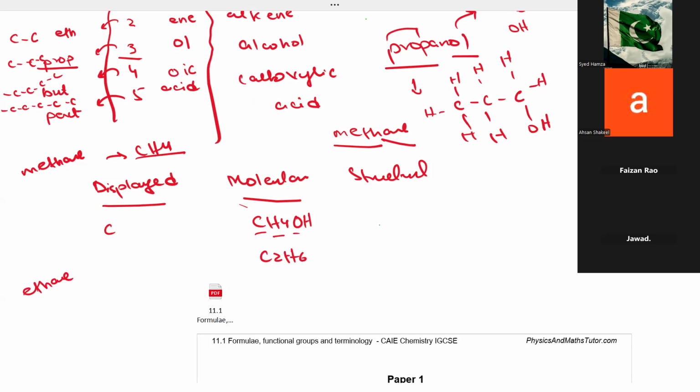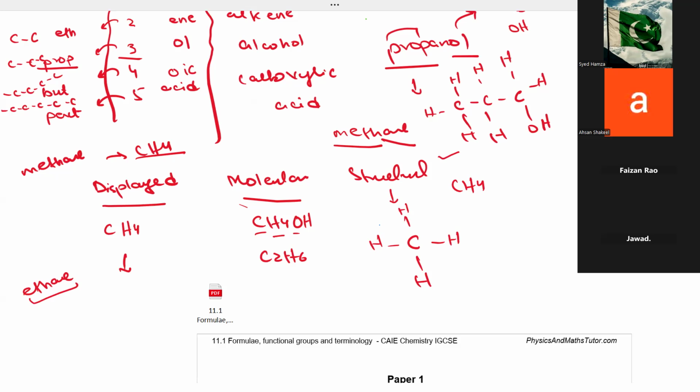Displayed formula is also somewhat the same. Or displayed formula is also something that you can write like this because interchangeably use होता है structure और displayed. Structure कैसा होता है? CH4 where you have to draw the structure. This is a structured form. Right. अगर कोई और compound होता, let's say if it was ethane, you would draw the structure for ethane if they had asked you for the structural formula.